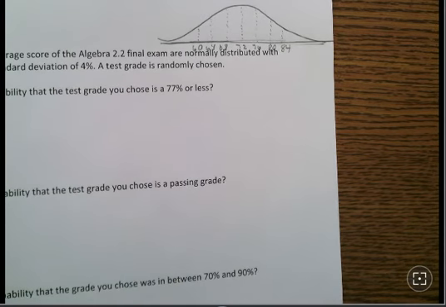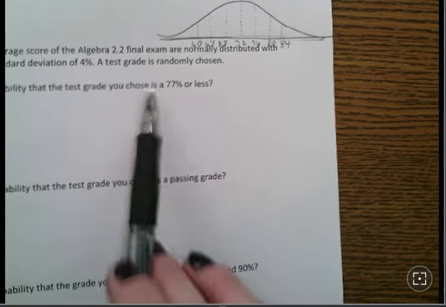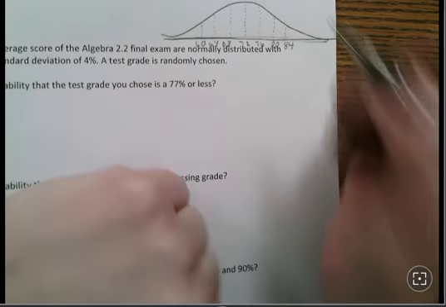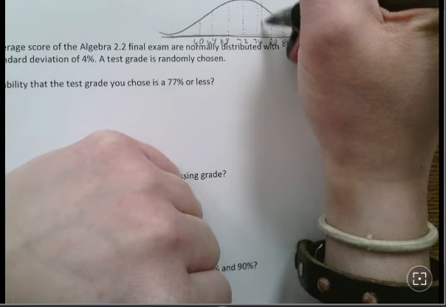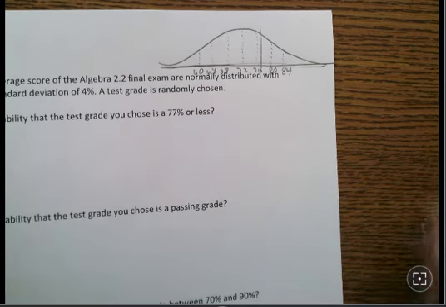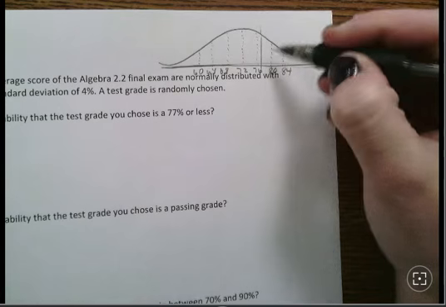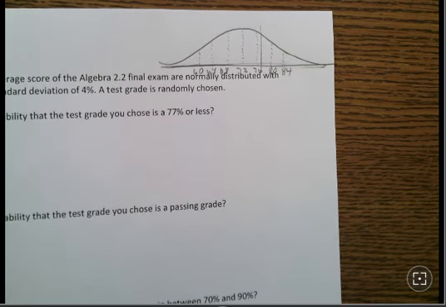Now what is the probability that the test grade you chose is 77% or less? 77 falls right about here on your picture. We talked about earlier in 11.1 how if it falls right on one of the standard deviations, you can use the idea that 34% are here.